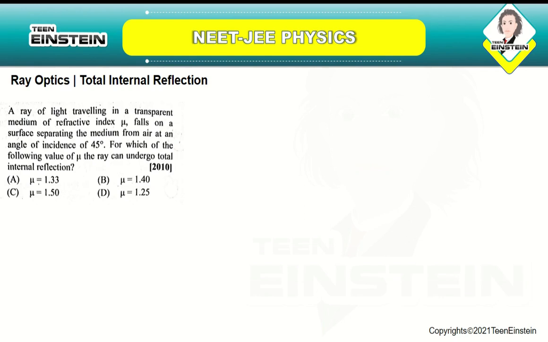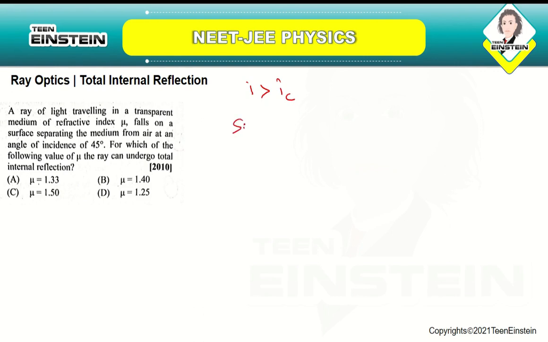A ray of light traveling in a transparent medium of refractive index mu falls on a surface separating the medium from air at an angle of incidence of 45 degrees. For which of the following values of mu can the ray undergo total internal reflection? For total internal reflection to occur, the angle of incidence should be greater than the critical angle.